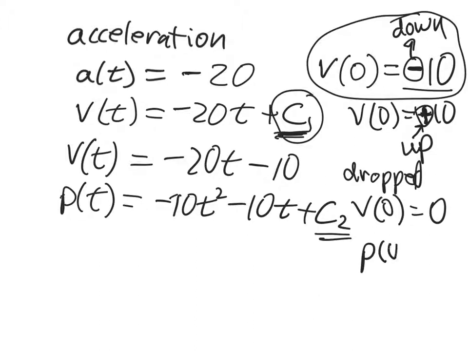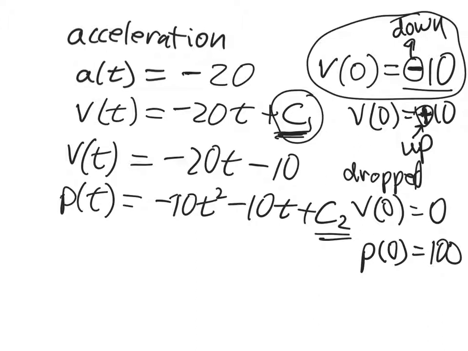That would be our P of 0, and say if the object is starting at the top of a building or top of a cliff, 500 feet high, or, well, we've been in terms of meters. 500 meters would be pretty big. How about, let's just go 100 meters.